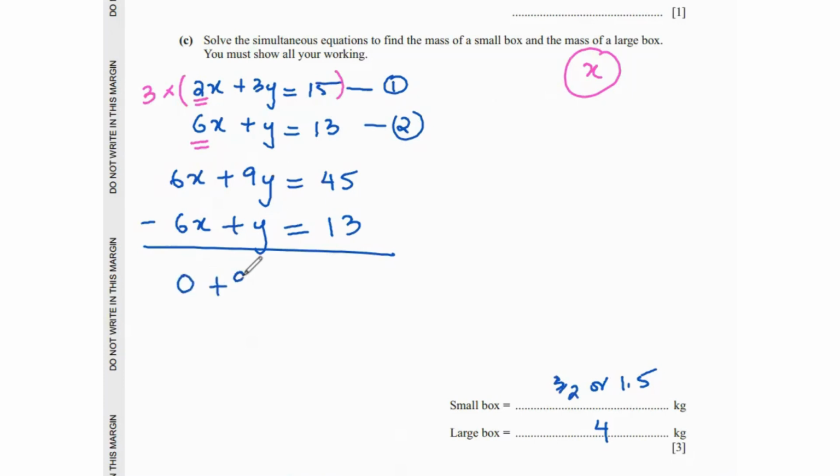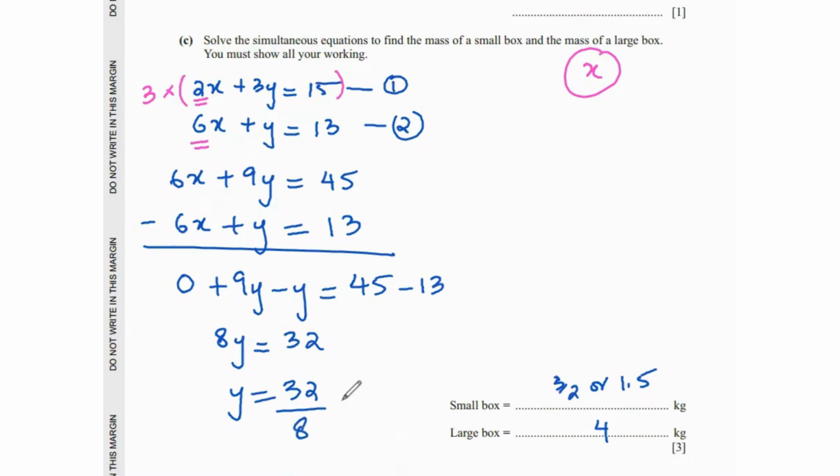Then we have plus 9y minus y. And then we have 45 minus 13 on the other side. So that's 8y equals to 32. And y is going to be 32 divided by 8, which is 4. Exactly the same as we got using the previous method.